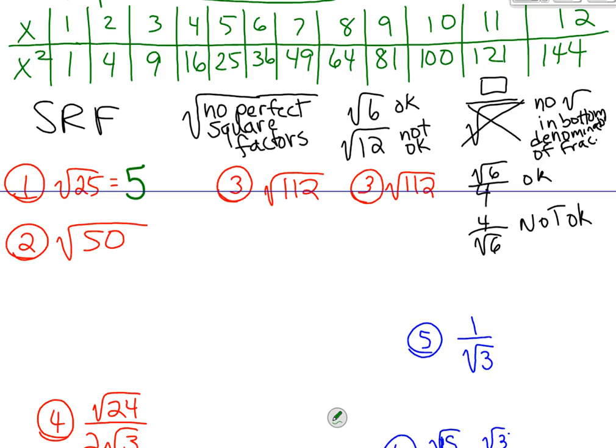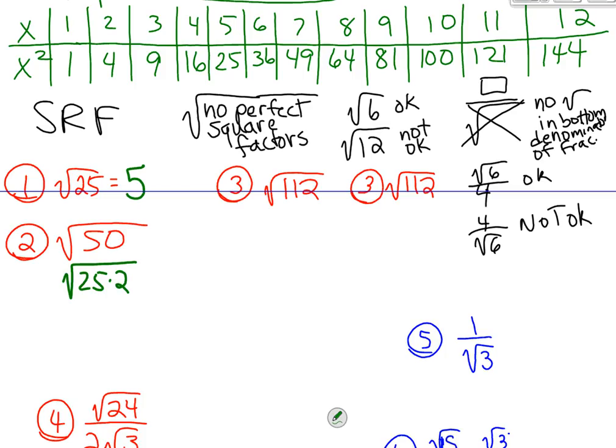Then notice my next problem, number 2, is the square root of 50. 25 is the perfect square, and it divides evenly into 50. So I'm going to change that 50 into 25 times 2. I'm going to rewrite the square root of 50 as the square root of 25 times 2 under the radical.